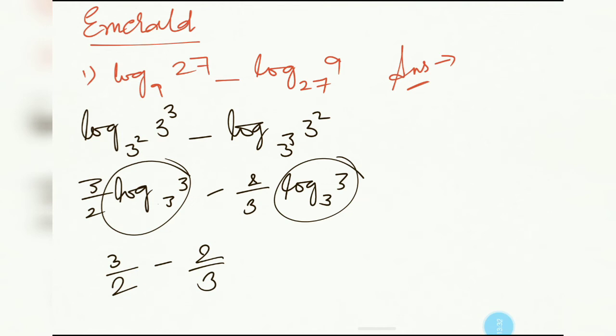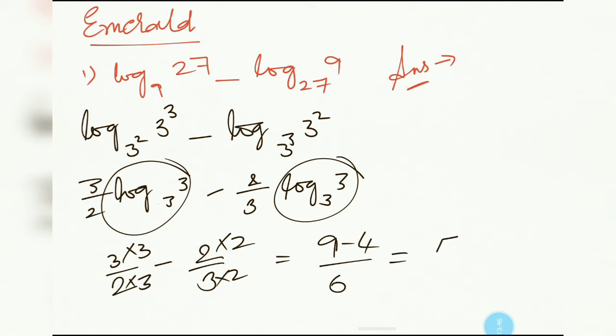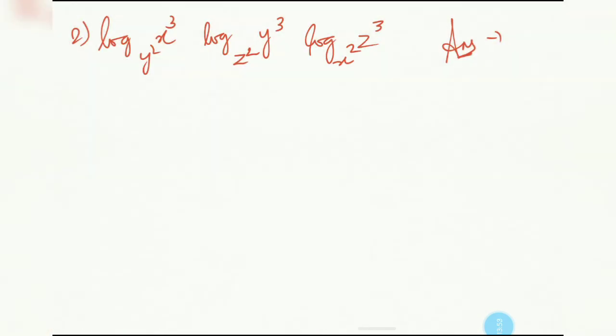Now this is just simple fraction subtraction. You can take the LCM, which is going to be 6, and multiply with the desired number to bring out the value. Right, so 9 minus 4 divided by 6 is nothing but 5 by 6. So what is the option? It is option C. Let's move on to the second question.